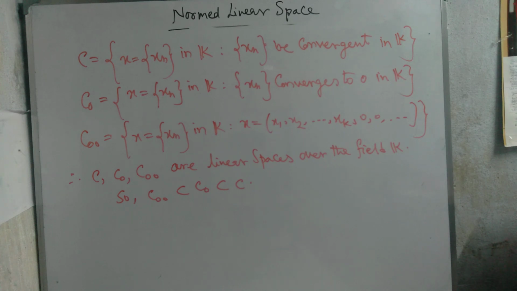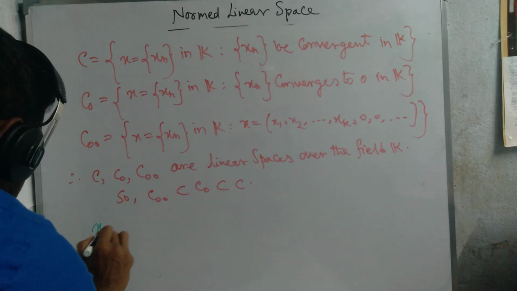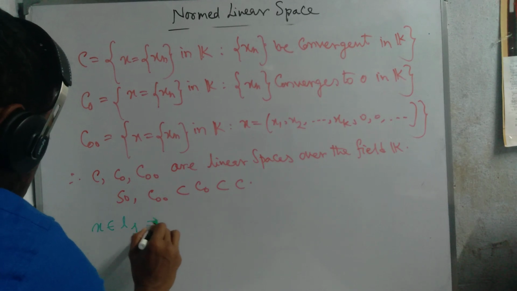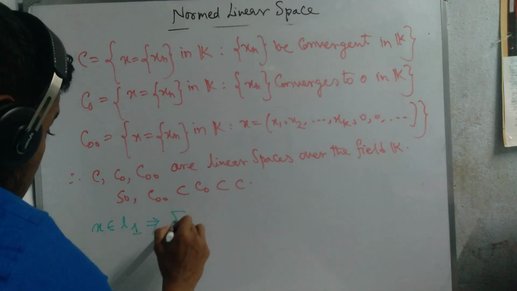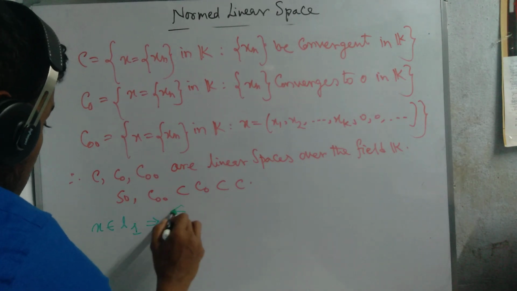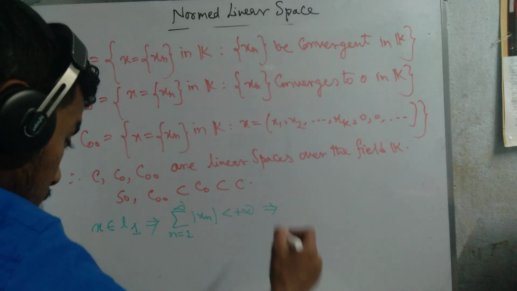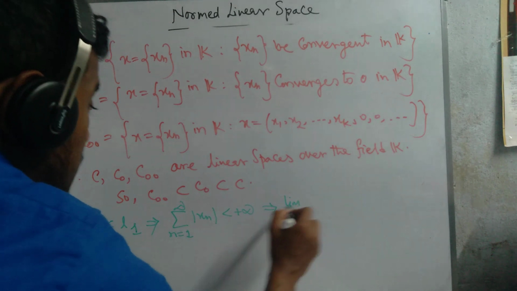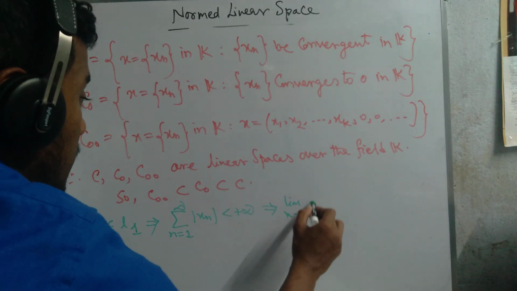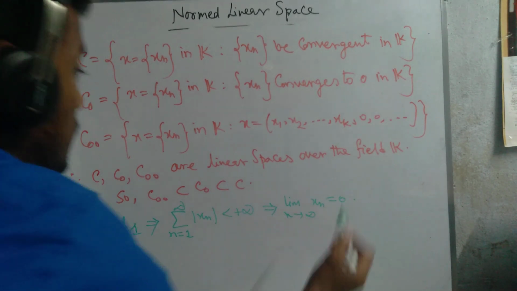Now we also discuss one important topic here. If x belongs to L1, this implies that the summation from n equal to 1 to infinity of mod of xn is less than plus infinity. This implies the series is convergent, that means the limit as n tends to infinity of xn equal to 0.